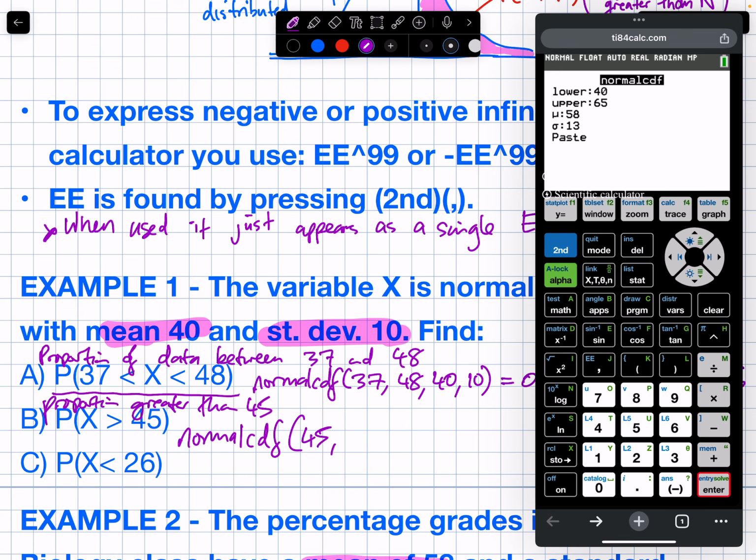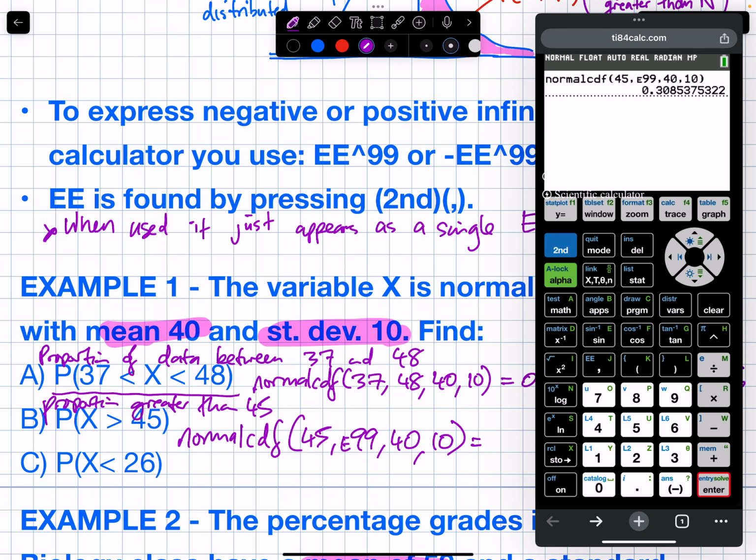And now that you know the infinity for this calculator, what would I put into upper? Would it be negative E99 or positive? Positive E99. Comma, what's the mean? It's 40. Standard deviation is 10. So 45, second comma to get E99 is infinity, 40, and 10.